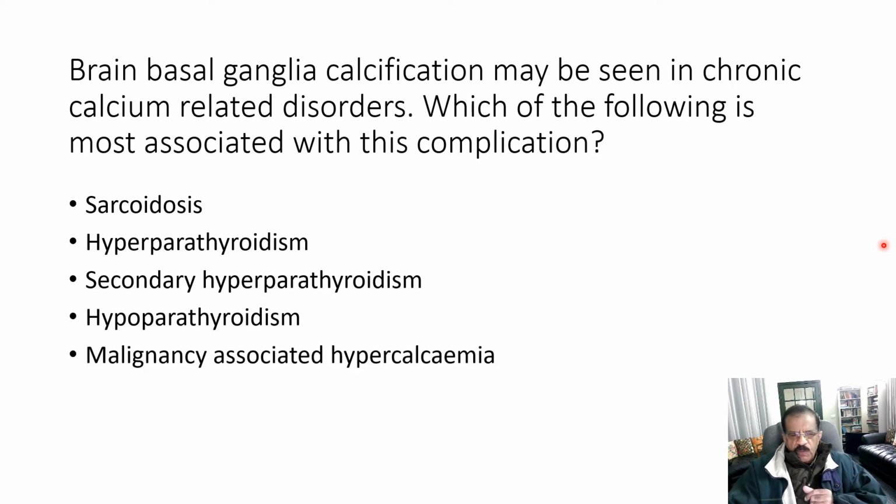And the fifth possibility is malignancy associated hypercalcemia. Many malignancies through various mechanisms can cause hypercalcemia. So which of these five possibilities, which can disturb calcium, may be associated with basal ganglia calcification?